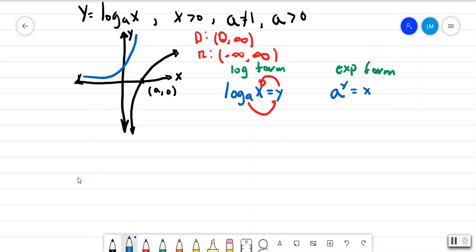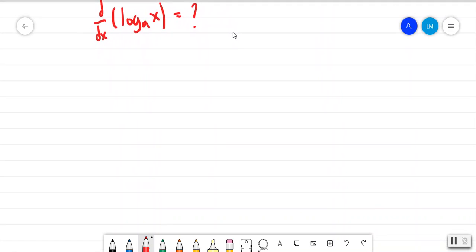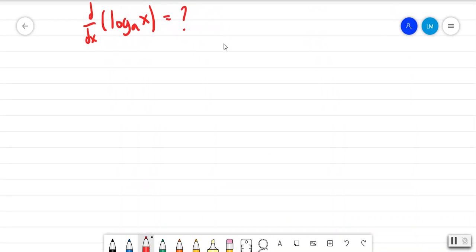Now, the way that I'm going to propose the problem is that we want to find the derivative of log base a of x, because it'll be useful. But the question is, okay, how do we find that?